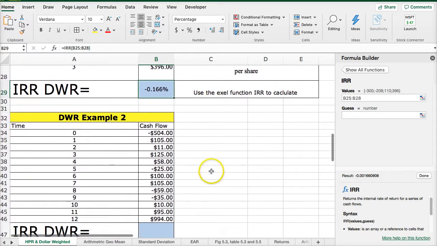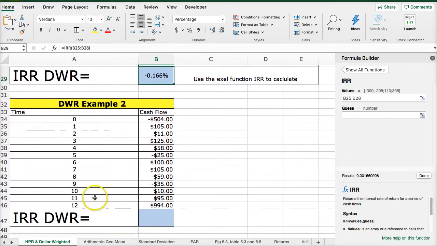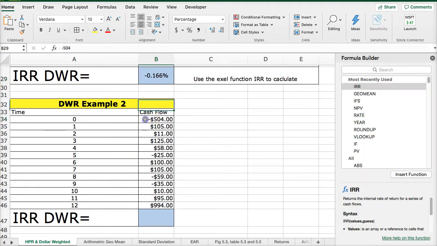So in example 2, what if you had a 12-year time horizon with an investment that you bought? The first year is a negative cash outflow because you're buying the investment. And in any particular year, you could be getting an increase in the share price as well as dividends, or even a loss in share price.